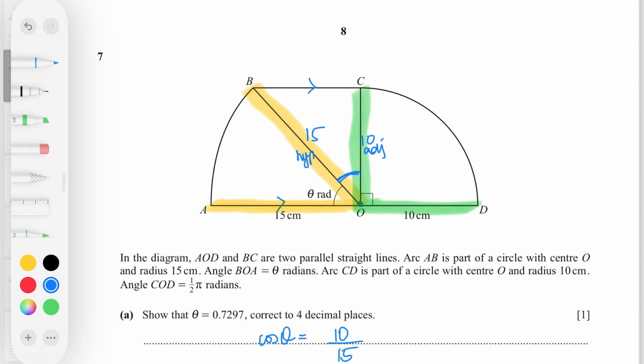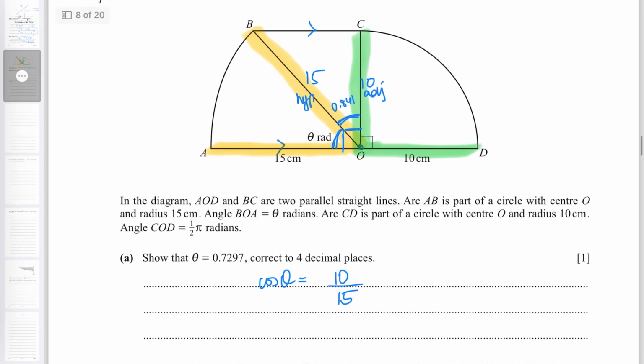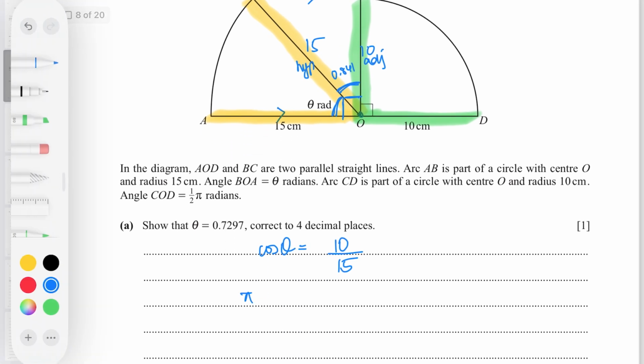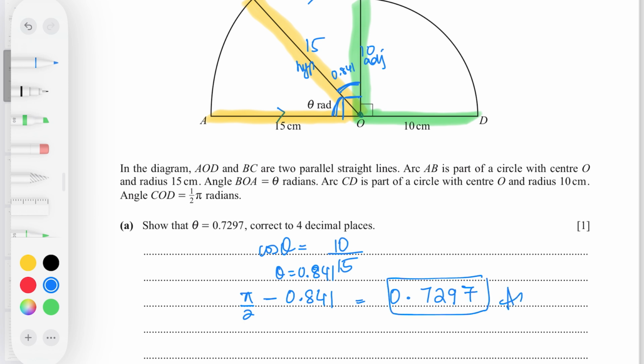It becomes 0.841. We have to find out theta, so let's subtract it from pi by 2. It gives you 0.7297, correct to 4 decimal places.